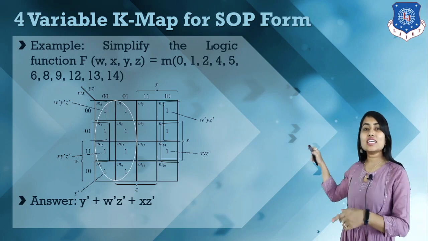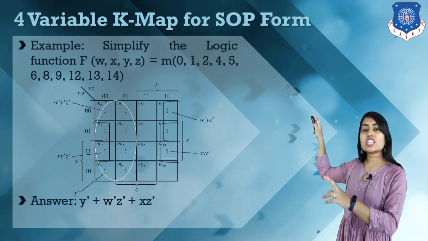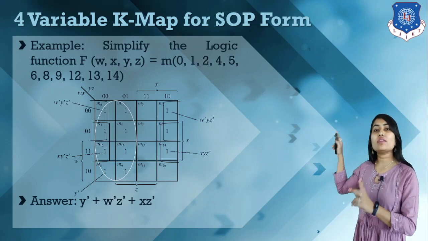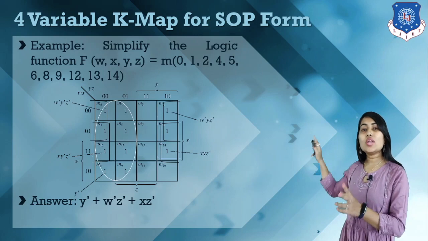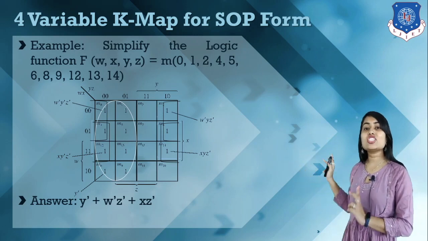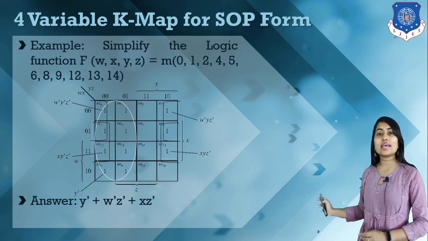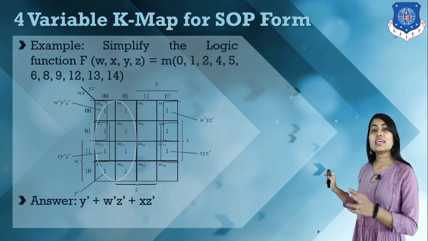For these conditions we have x dash, and in this direction z dash. So here we have x dash, z dash, and for this group we have w dash, z dash, and for this group here x dash, z dash. So we write our answer like this: y dash plus w dash z dash plus x dash z dash.